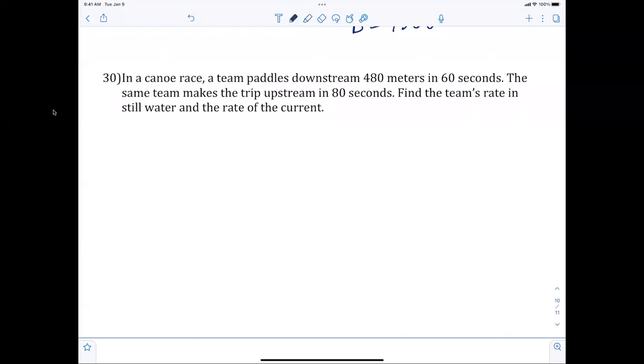480. Hold on a minute. 480 equals P minus C times 60. And then 480 equals P plus C times 80.